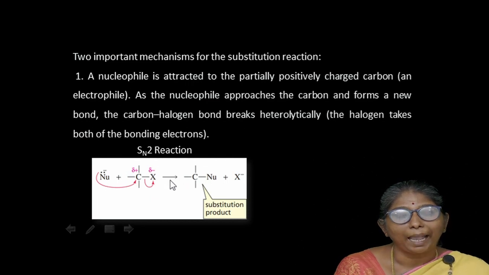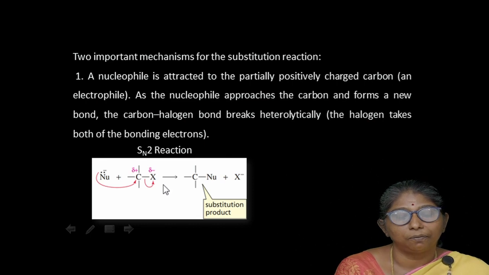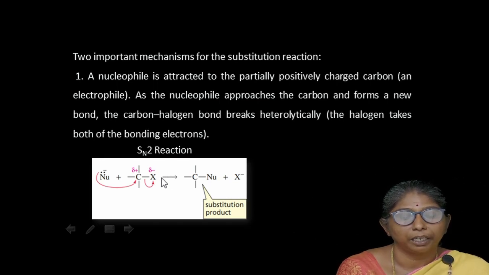Now coming to the mechanisms for the substitution reactions, there are two important mechanisms. The first one is that a nucleophile is attracted to the partially positively charged carbon, that is an electrophile. The electronegative element X, which has a partial negative charge, is removed as a minus ion, and at the same time the nucleophile comes and attacks the carbon, which acts as an electrophile.